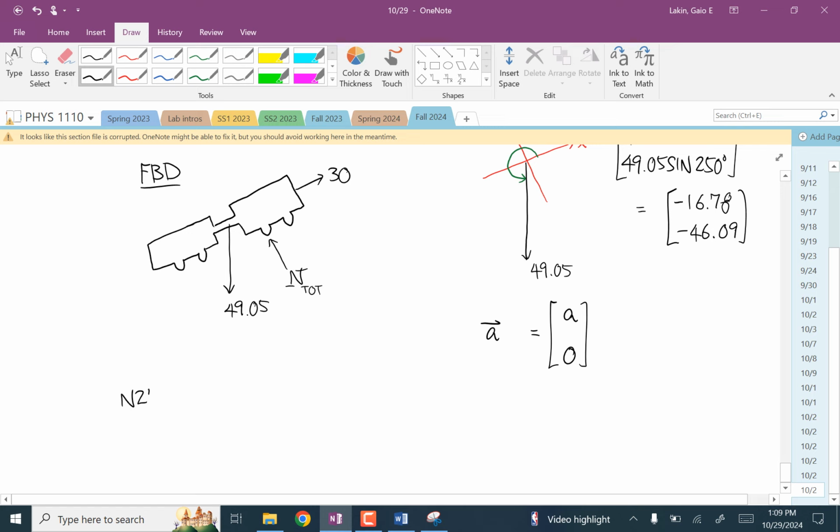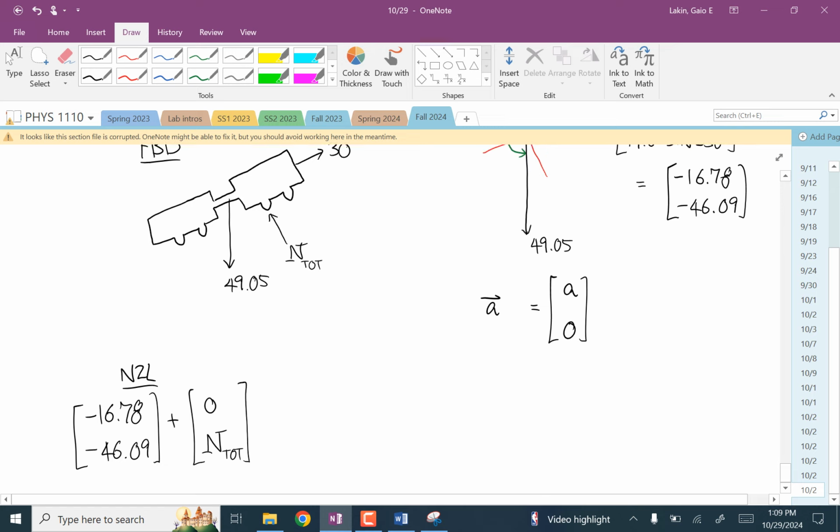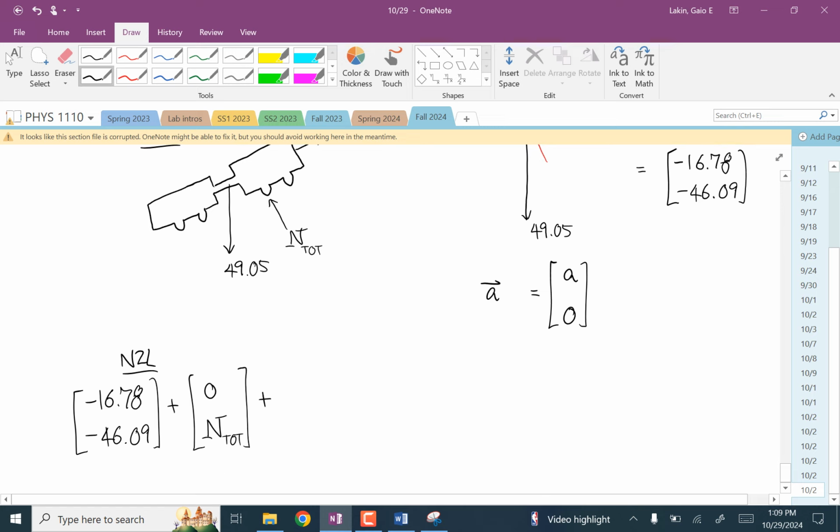And then Newton's second law says negative 16.78, negative 46.09, plus 0 N total, plus 30, 0, is equal to the total mass times A0.